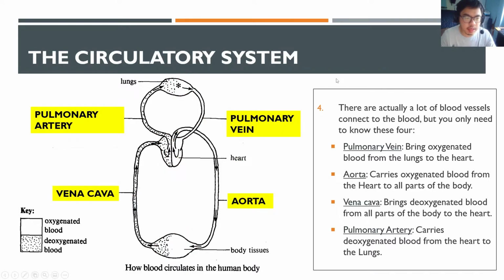So how does blood flow? Let's say blood starts from the lungs here. The blood at the lungs will pick up oxygen and become oxygenated blood.